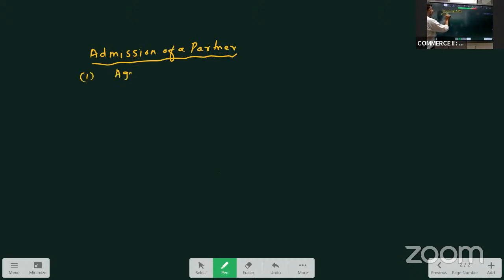So we are beginning admission of a partner. One of the very essential elements of a partnership firm is that there has to be some agreement between the partners.